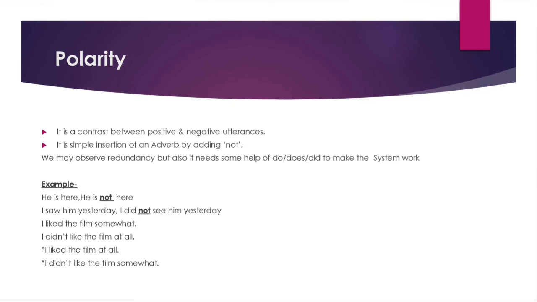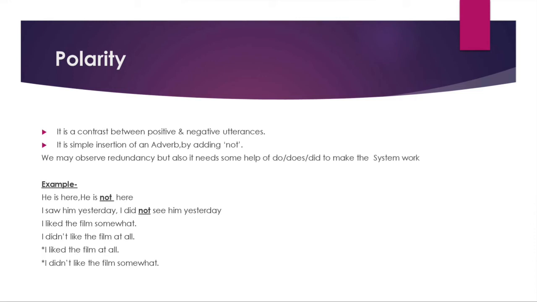Now, what is polarity? Polarity is a contrast between positive and negative utterances. So, we have both positive polarity and negative polarity. It is done by simply adding not to the sentence.